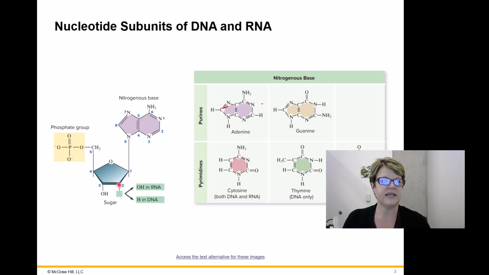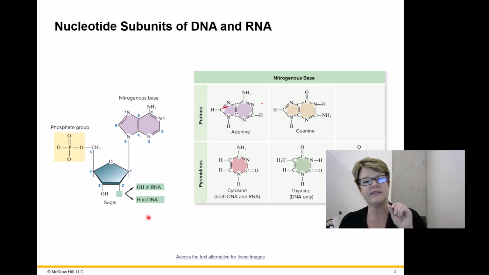Now, if this is a DNA nucleotide, then this little green box here would just be a hydrogen. You could just write H in this spot. So in a DNA nucleotide, the number 2 carbon is attached to a hydrogen. In an RNA nucleotide, the number 2 carbon is attached to a hydroxyl group, OH.